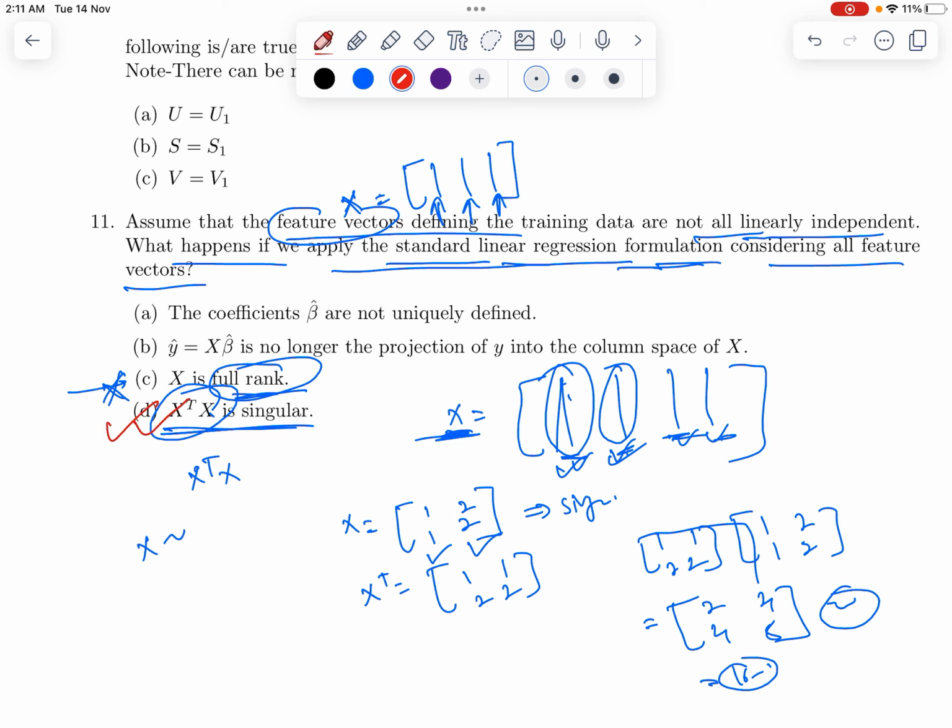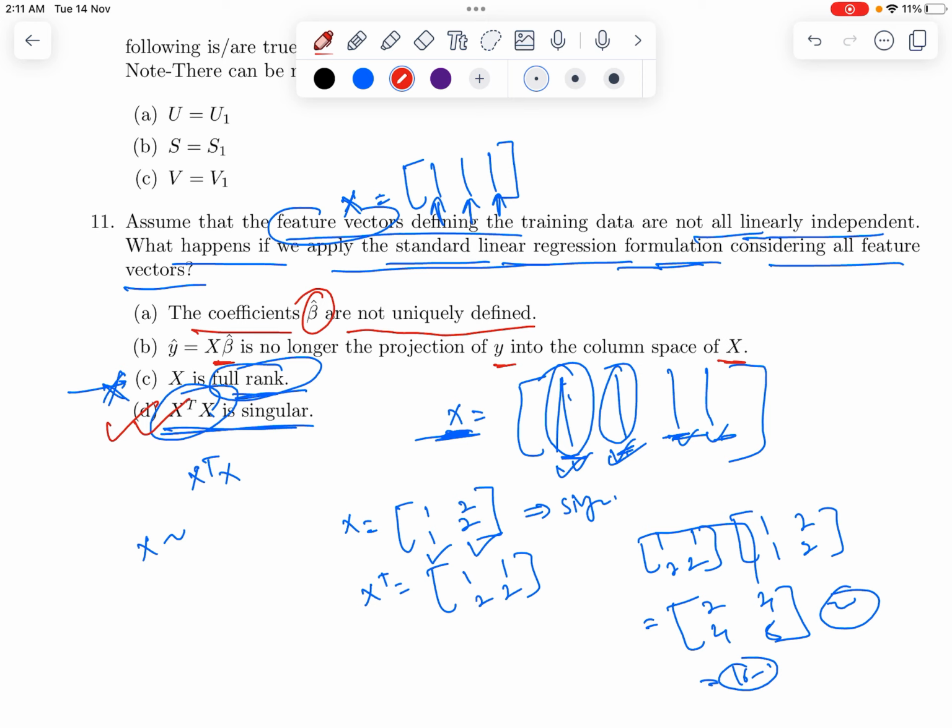Now let's come to option B: y hat equal to X b hat is no longer the projection of y into the column space of X. First of all, let's talk about this b hat. Option A says the coefficients b hat are not uniquely defined.